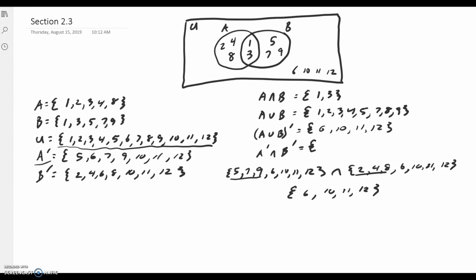So it seems as if these two sets are equal to each other. This set is equal to this one. So something about the complement of A union B and the intersection of A complement B complement, somehow they're the same.